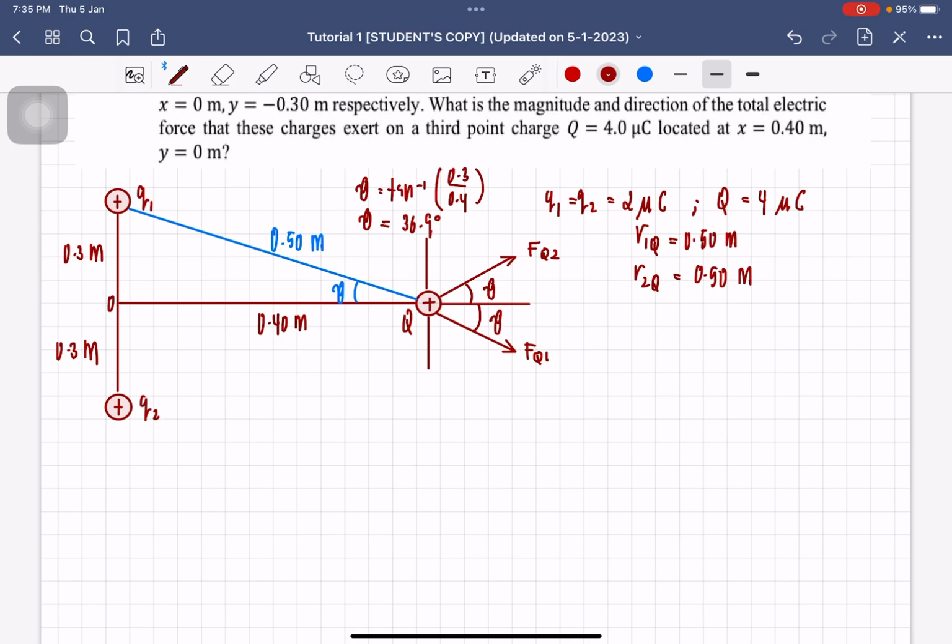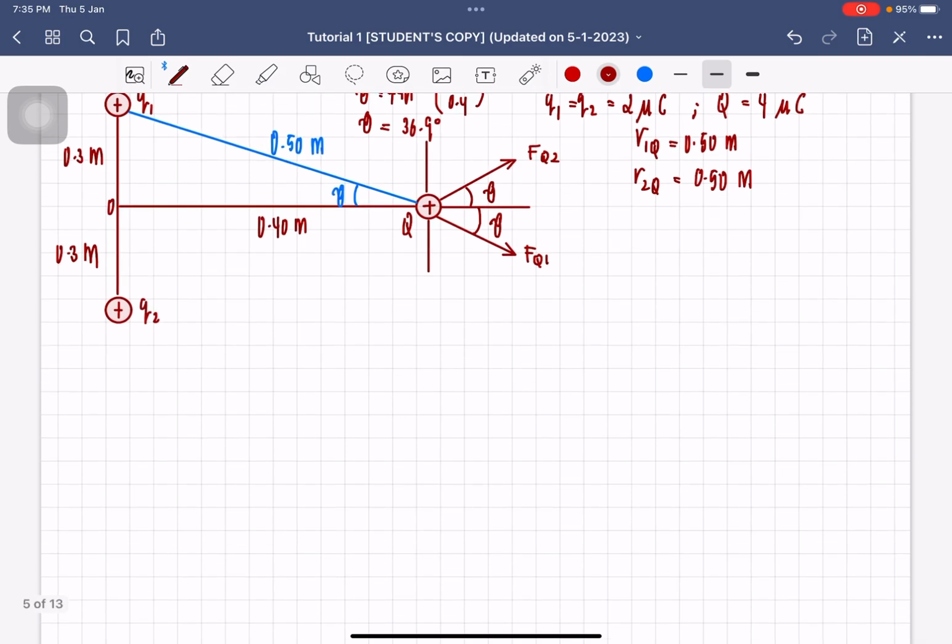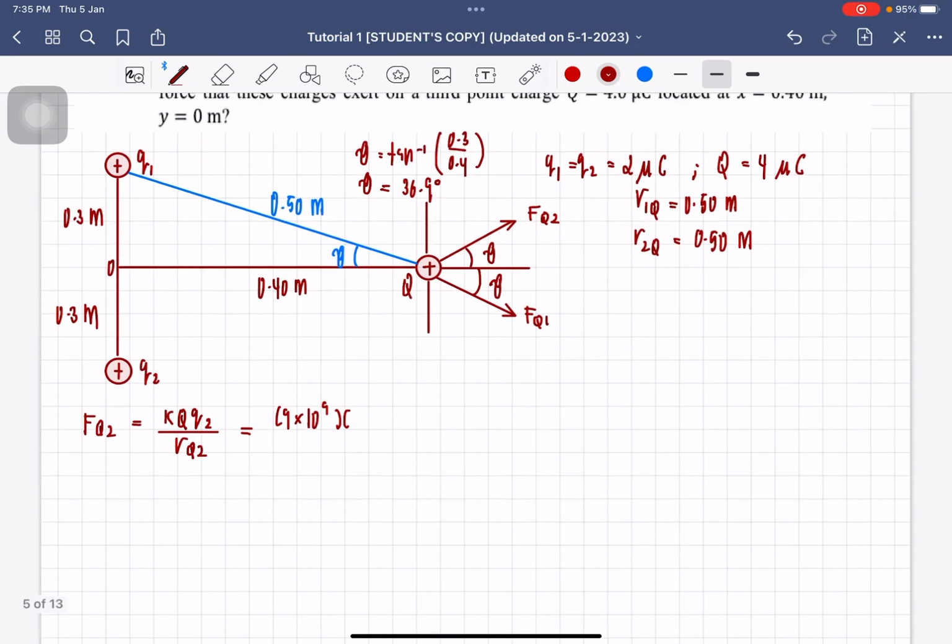So that's done. Now we can do what we need to do, which is finding the magnitude of each force. I'm just going to do the second charge first. So this is k Q Q2 over R2Q squared. Remember, we do not include any negative sign of the charges for electric force.